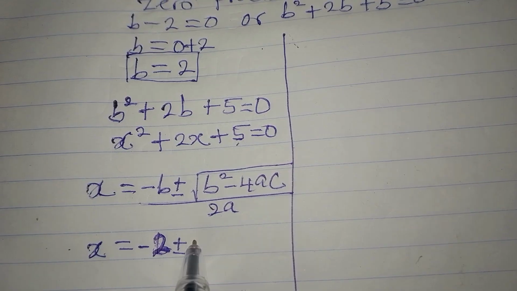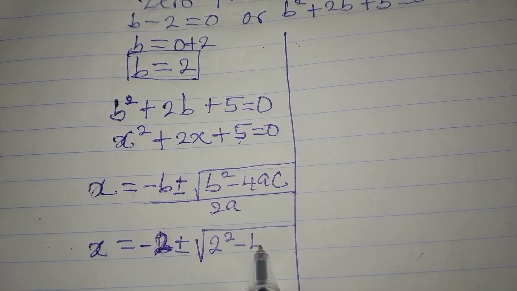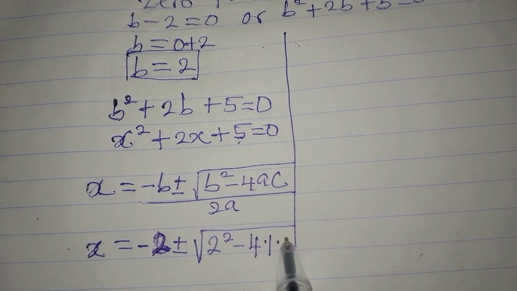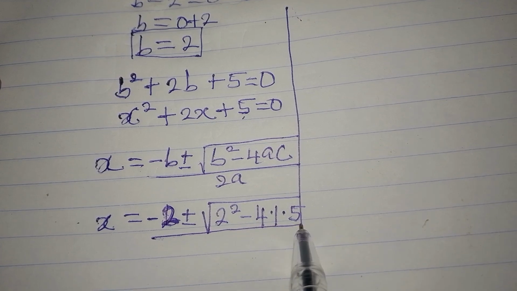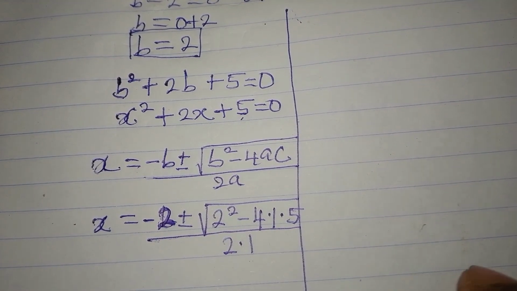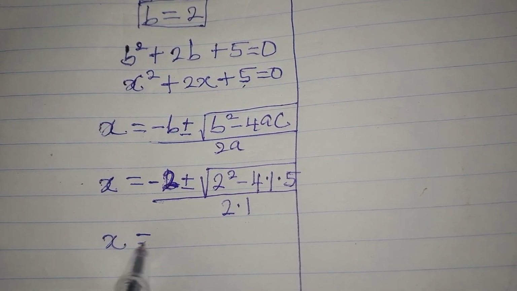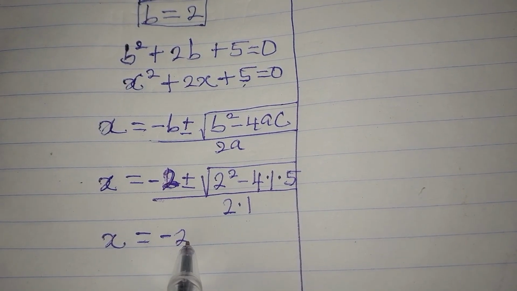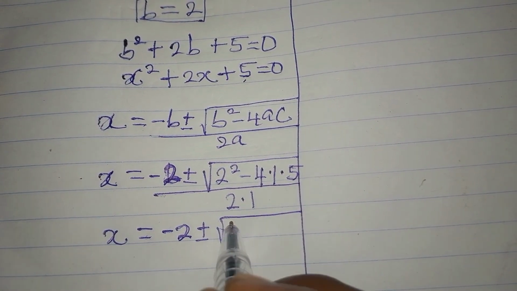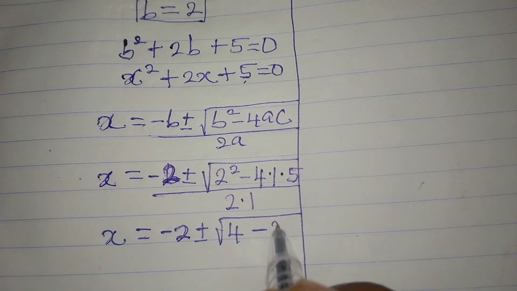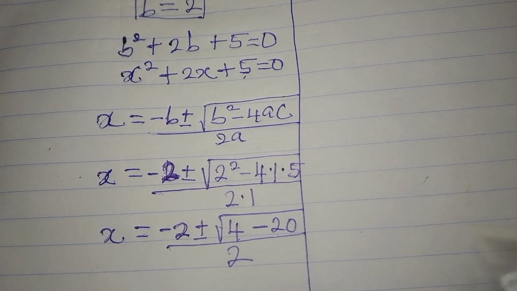Then we have b squared, which is going to be 2 squared, minus 4 times 1 times 5, where a is 1 and c is 5. Then we divide by 2 times 1, a is still 1. So here x is minus 2 plus or minus the square root of 2 squared, which is 4, minus 20, all divided by 2.